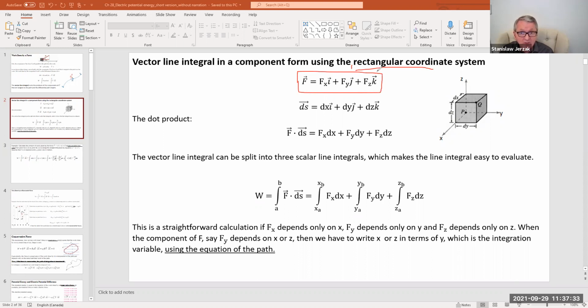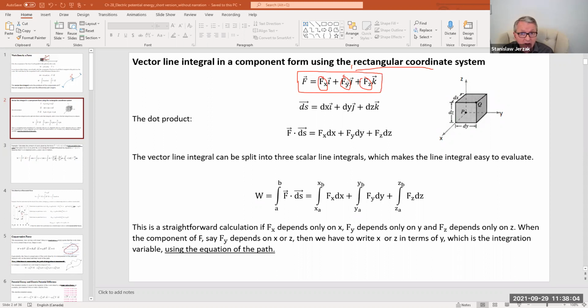So any vector can be written like this. You should know that very, very well from linear algebra, physics 1800, and physics 1801, that any vector can be written in components form. So what is in front of i is the x component of the force. This is the y component of that vector F, and this is the z component. And in general, Fx can depend not only on the x coordinate, but it can also depend on y and z.